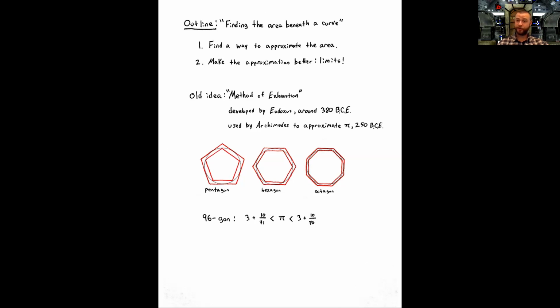Now the area of the circle should be between them. As you use more sided polygons, the upper and lower bounds become very, very close. And this result is remarkably accurate. Take a look at the decimal representations for those two numbers, 3 plus 10 over 71 and 3 plus 10 over 70, and you'll find it's very close to pi.